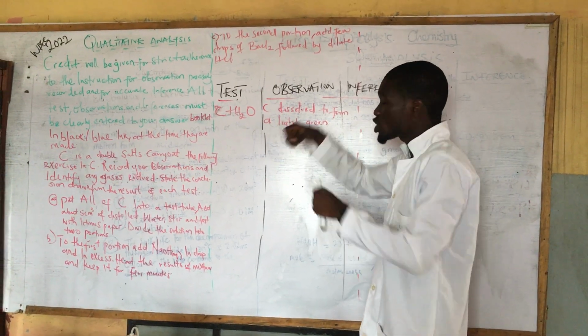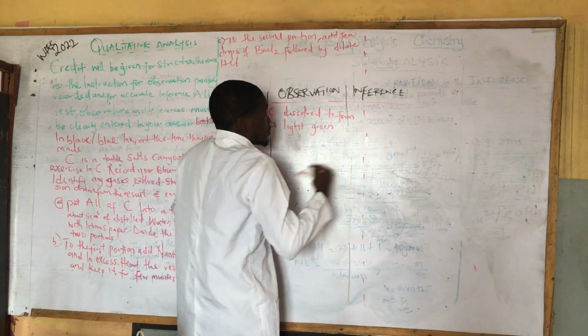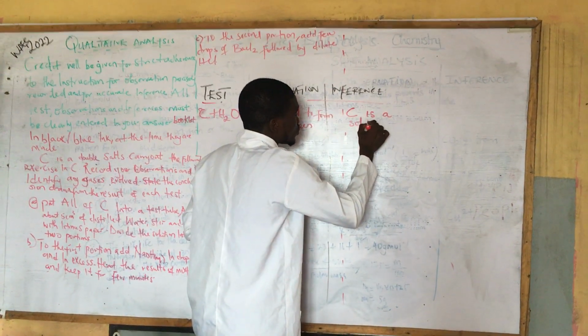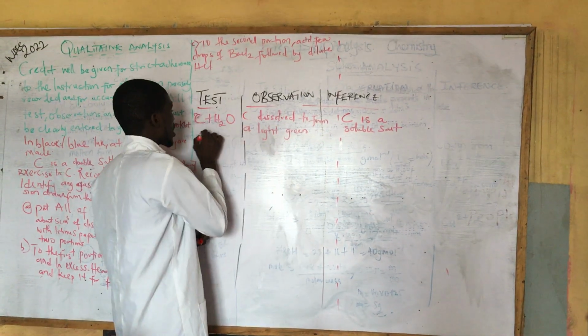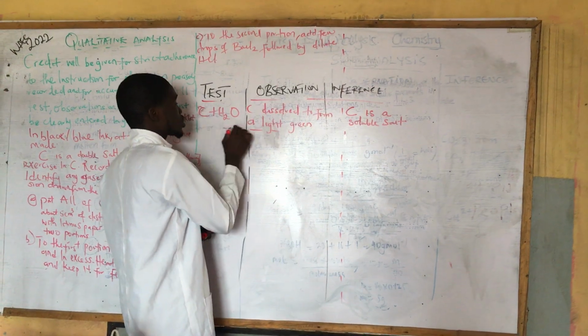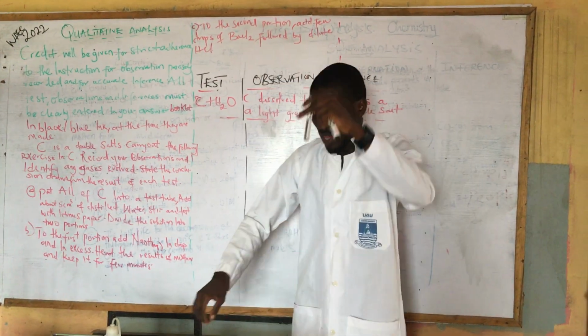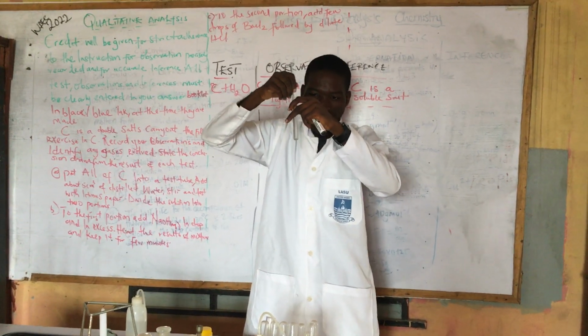Basically, for it to have dissolved, C is a soluble salt. Are you seeing it now? C is a soluble salt. Let's take note of that, because what we have here is our sample C in distilled water, forming a light green.